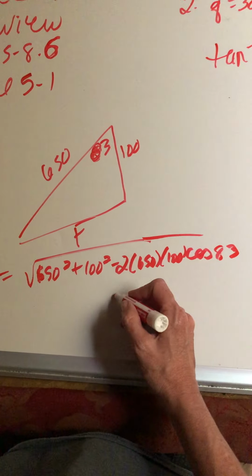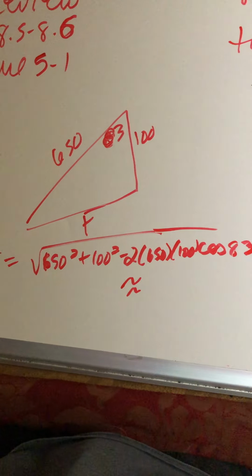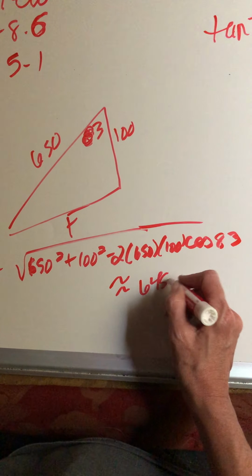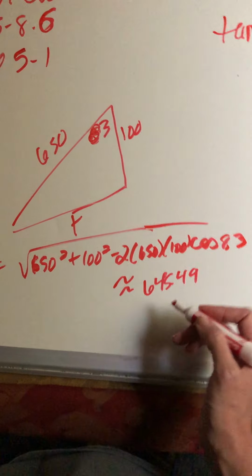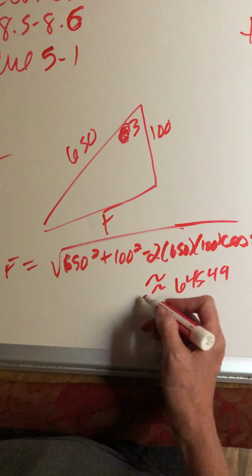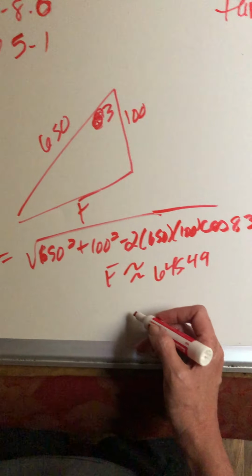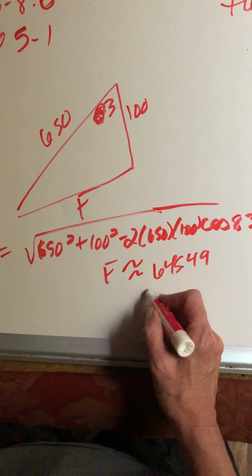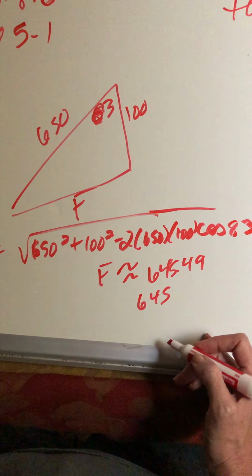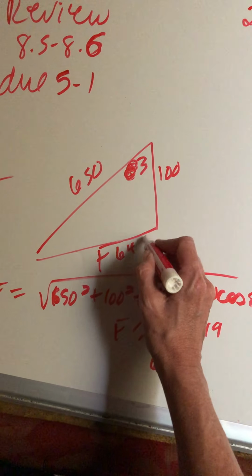And when you type that in your calculator, you get something around 645.49. Okay, that's F. That's the first thing you're asked for. I think you're asked to round it to the nearest integer, so it'd be 645. Okay, so this is 645.